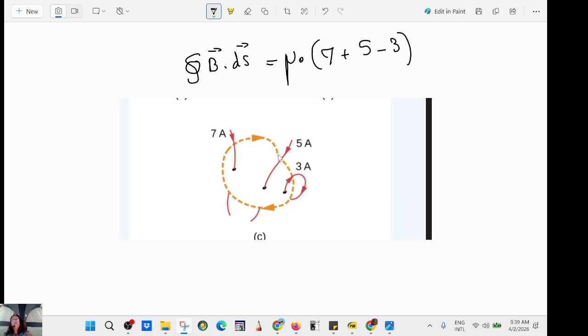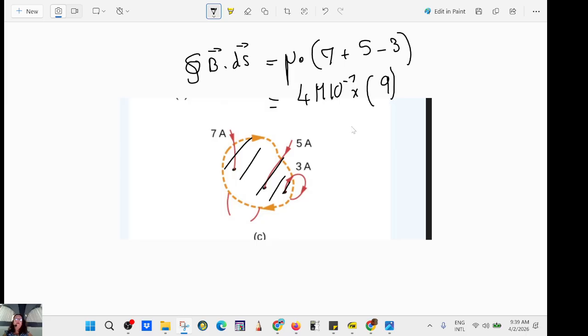So this path is invisible. It's just a mathematical trick, an invisible membrane, and these are poking through. When they ask you for a numerical value, you just replace mu 0, which is 4 pi times 10 to the negative 7, times 2 plus 7, 9.